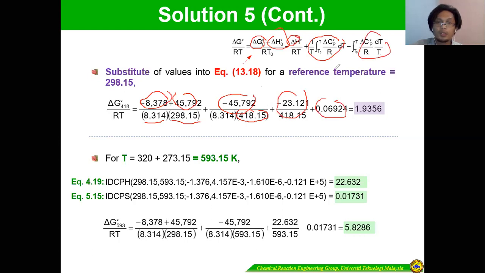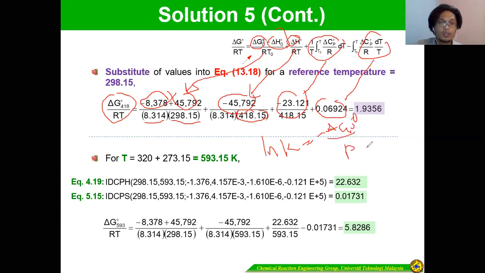Once you determine at 488 Kelvin, ln K equals negative delta G naught over RT. Just exponentiate this equation and you can get K at 480.